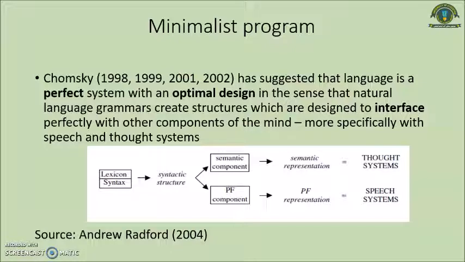And the element of interface here, the connection between them, you can see that even the connection is very optimal and clear. The semantic component and phonological component constitute the basic structure.